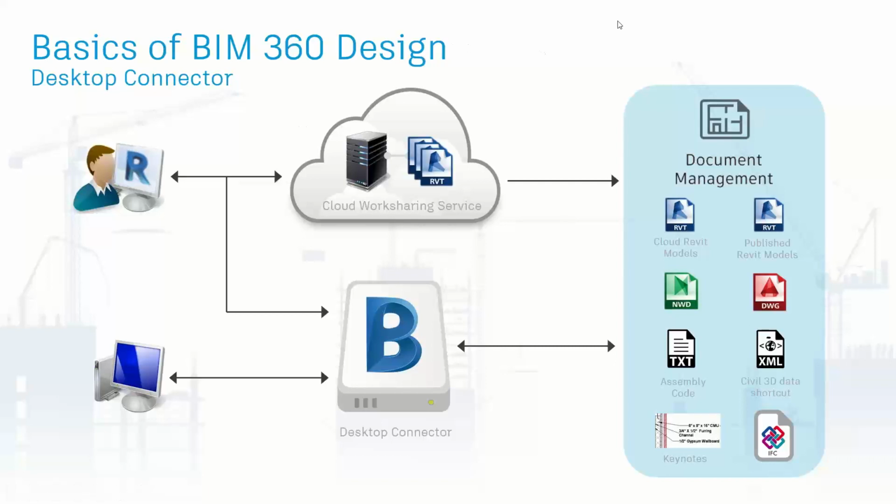So in this diagram, we have a user that is a Revit user. Through the Revit Cloud Worksharing technology, that user is able to share this model. But he can also save any type of model through the desktop connector, and that will be in BIM 360.